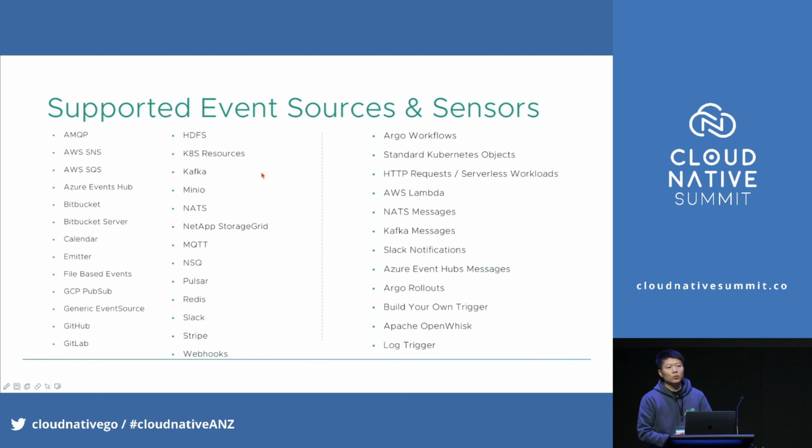Because the event source and the sensor are the two most important concepts in Argo Events, by default it provides some built-in support for both. You can see from the list here, popular cloud services like AWS SNS, SQS, and GCP Pub/Sub are all supported, and also some open source projects.